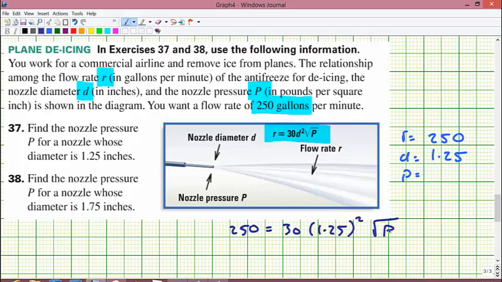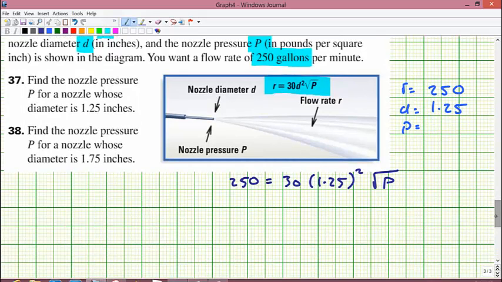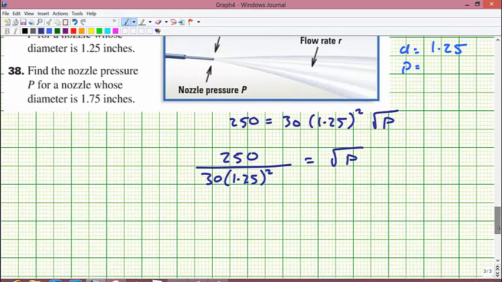Okay, so 250 equals 30 times 1.25 squared times root P. So let's simplify that. So we divide both sides by 30 times 1.25 squared, gives us root P. And then we square both sides to find out what P is.